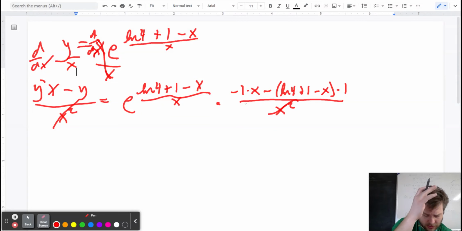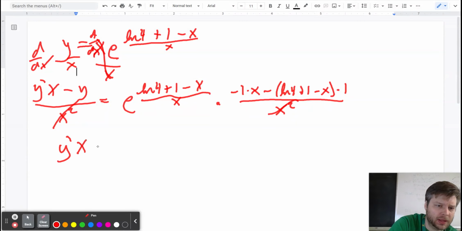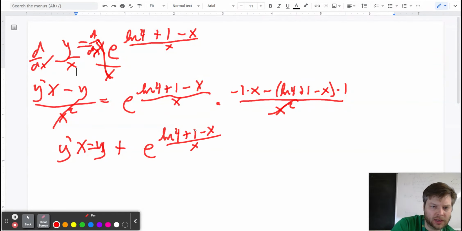So the original problem looks like x y prime equals y times ln x minus ln y. I don't know if I'm going to be able to make it look like that. Let's try. y prime x, and then let's add a y over. So it equals y plus e to the natural log of 4 plus 1 minus x over x times negative x.